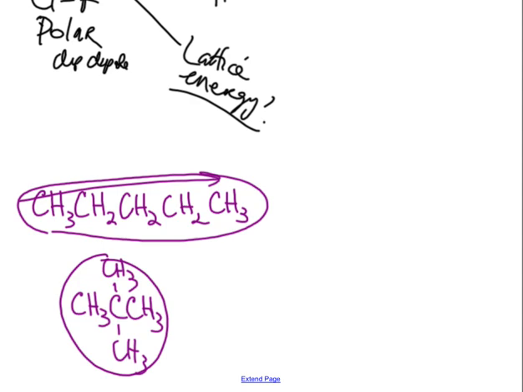Does that make sense? So this cloud is more polarizable. This cloud, if you think about it, there's not a lot of place to shift compared to this. So based on the surface area, the more surface area the molecule has, the more polarizable, the higher the intermolecular force. Okay? All right, let's move on to today's lesson.